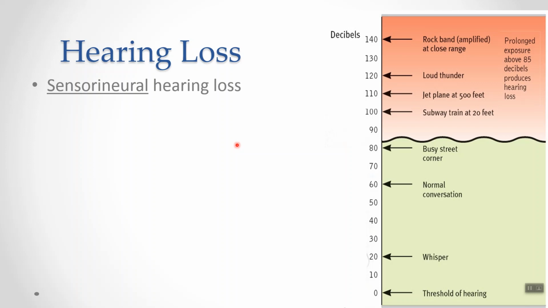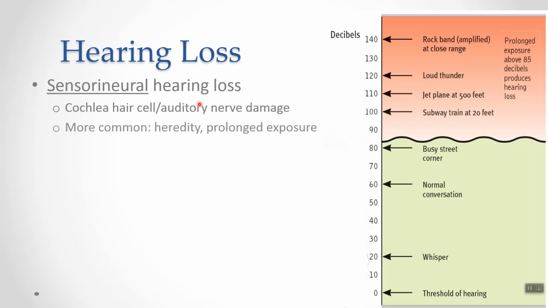Anywho, hearing loss. There are a couple of different kinds. We're going to talk about 2 here. Okay, there's sensorineural hearing loss. And this is simply when there's any damage to the cochlear hair cells or the auditory nerve. If you've damaged the nerve, if you've damaged those cells, you've got a problem. You might start losing your hearing. This is the more common type of hearing loss.